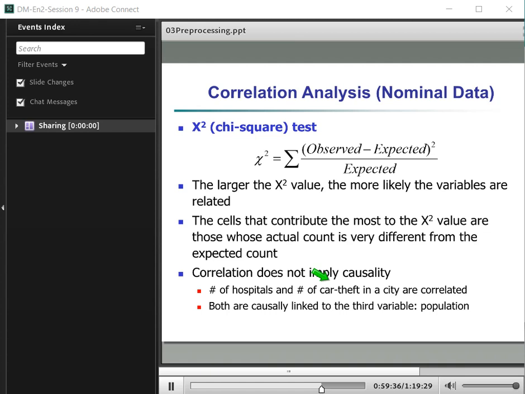Is it true? Of course not. There is no relation between hospitals and car thefts. Car thefts are because of the economic situation in the city or in the country.